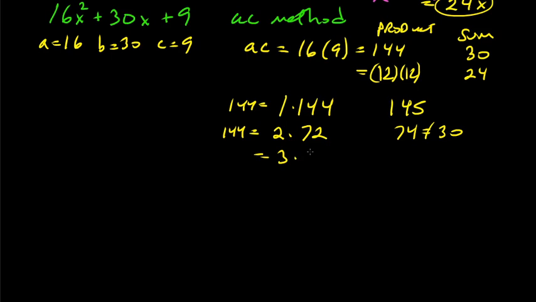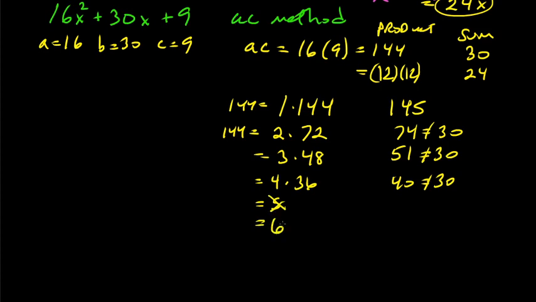If we divide by 3, 144 divided by 3 is 48. Yep, that's not going to work either because that gives you 51 when you add 3 plus 48. If you divide by 4, you get 36. 36 plus 4 is 40. Not 30, so not what we're looking for. If we divide by 5, I think we just get a decimal, 28.8. So we can skip 5.